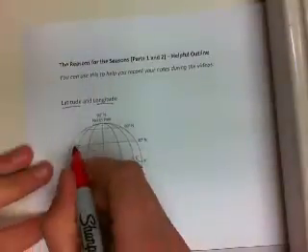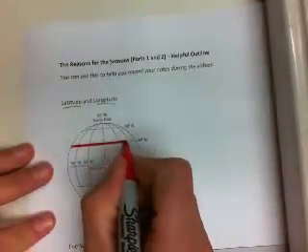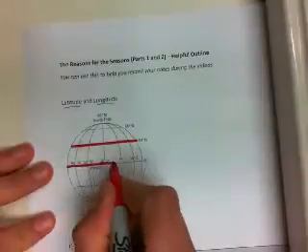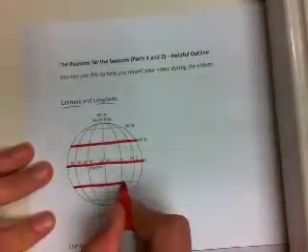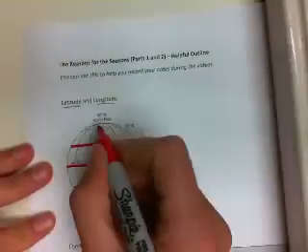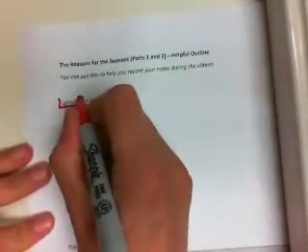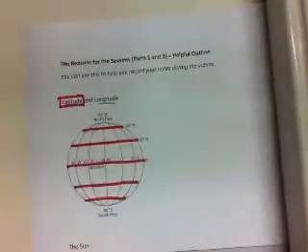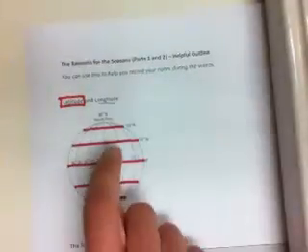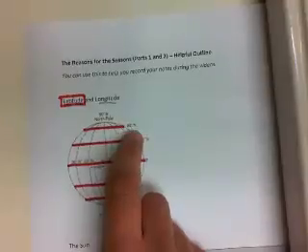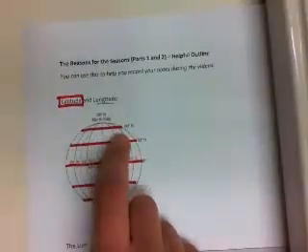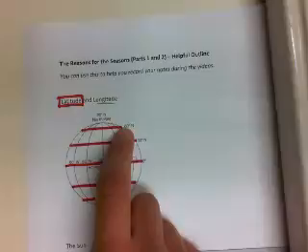I'm going to indicate them with this red marker, and I'll circle or put a box around latitude in red. Latitude lines run east to west, but they indicate north or south. So for example, the 60-degree north line runs east to west, but it tells you you're 60 degrees north.